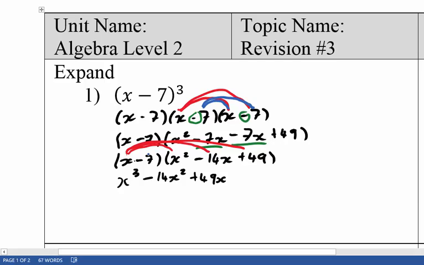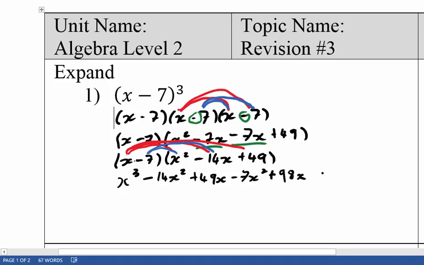Then I'm going to do the second one, multiplied by the first one, it's a negative 7. So negative 7 times x squared is negative 7x squared. Then negative 7 times negative 14x. So it's a negative times a negative in this case, which means it's going to be a positive. So positive, and then, oh my goodness, 7 times 14, 7 times 10 is 70, 7 times 4 is 28, so I add the 70 and the 28 and I get 98x.